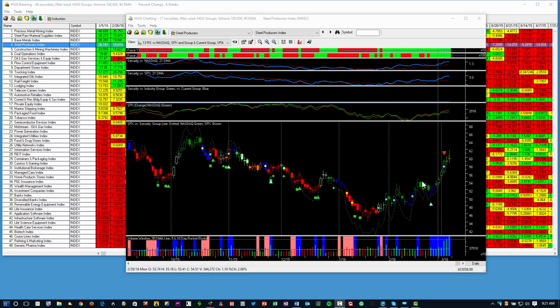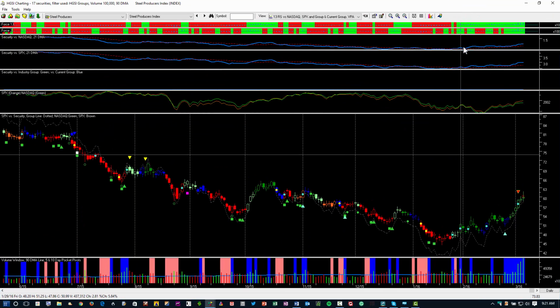But the way I use this chart is I want a visual comparison to how this group is doing compared to the NASDAQ, which is this chart up here, and the S&P, and this is the SPX and the NASDAQ represented by these two lines.